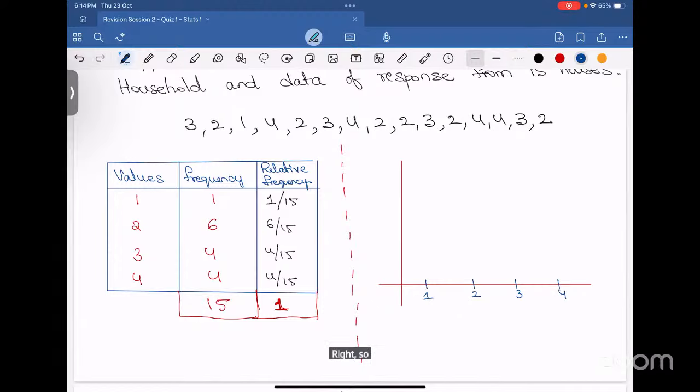The values are on the x-axis, and on the y-axis we will have the count. We just draw a rectangle of height equal to the count of that value. Frequency of value 1 is 1, so it will have height equal to 1.